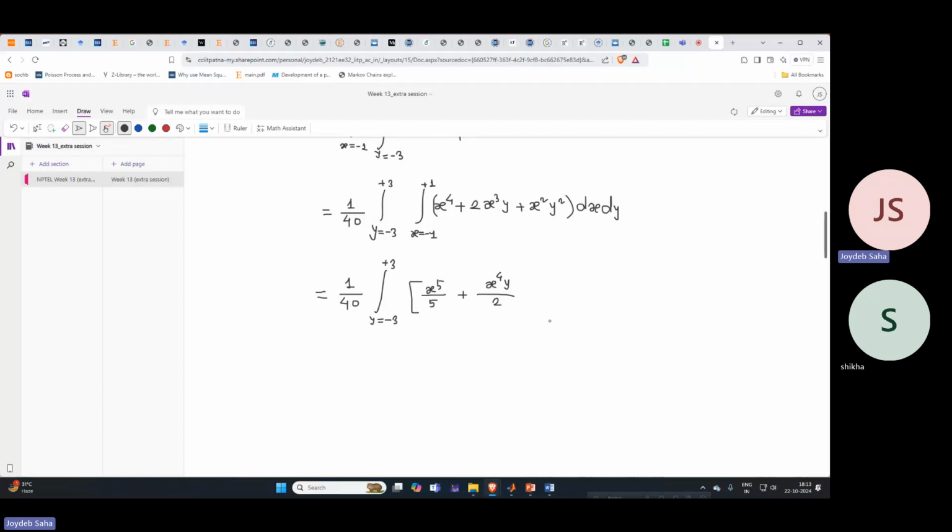Because here 2 is multiplied, plus x cube y square upon 3 for x is equal to -1 to +1 dy. Okay.